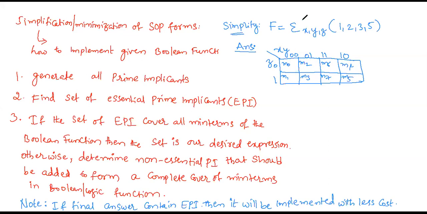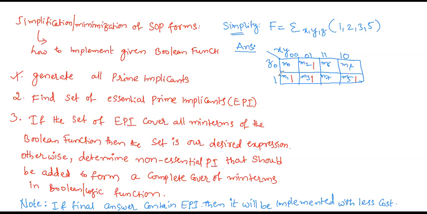Okay. Wherever the minterms are presented, keep 1. M1, M2, M3, M5. Next, after applying first step, generate all possible groups. First of all, generate all prime implicants, nothing but generate all possible groups.